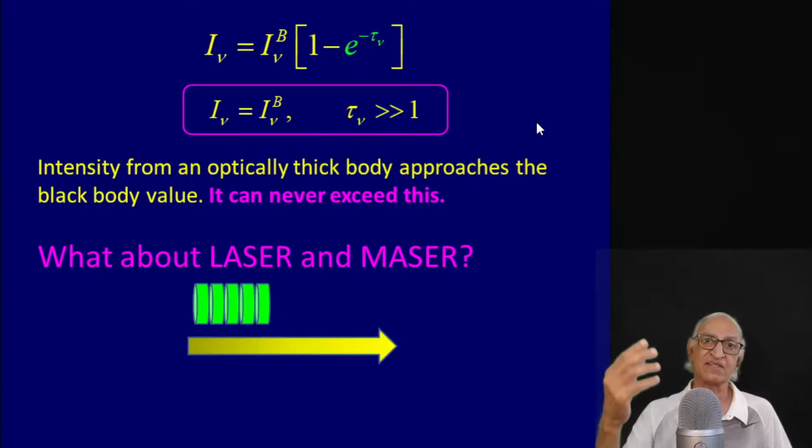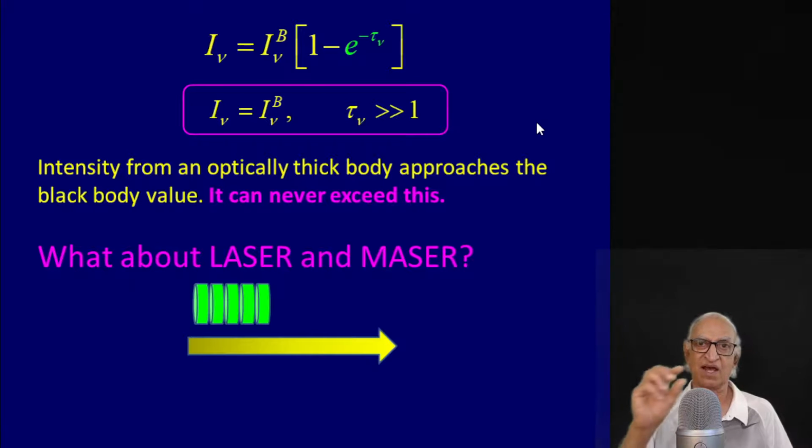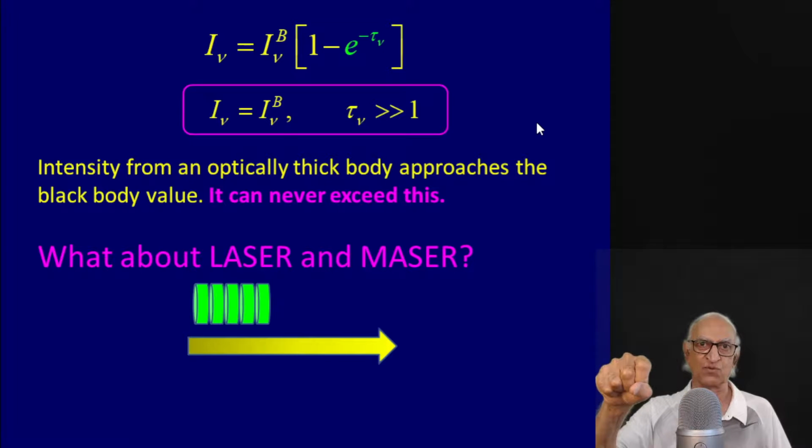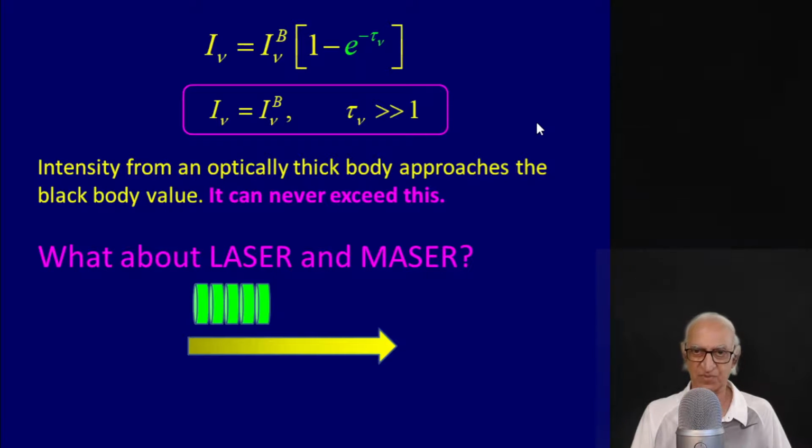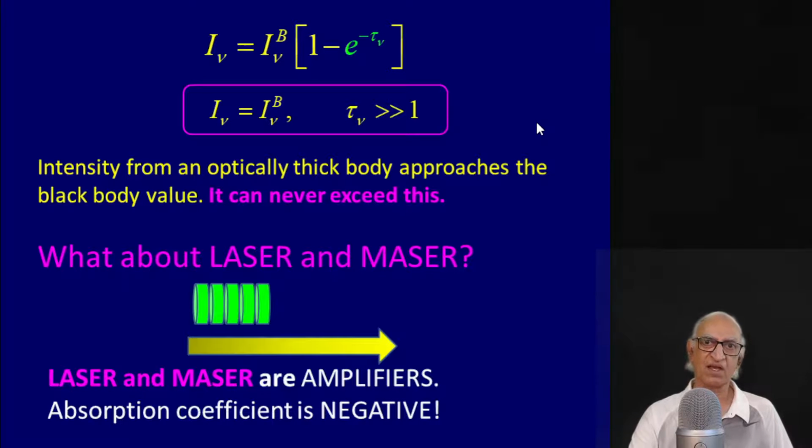It will far exceed the radiation from a black body at the temperature of the laser. The temperature of the laser will be room temperature, 300 Kelvin. In other words, a laser or a maser seems to violate this fundamental theorem that I have stated.